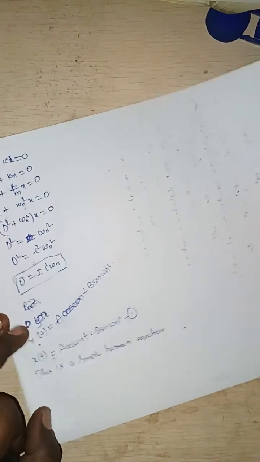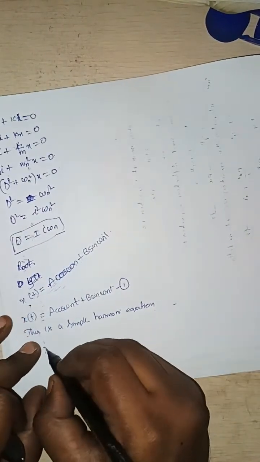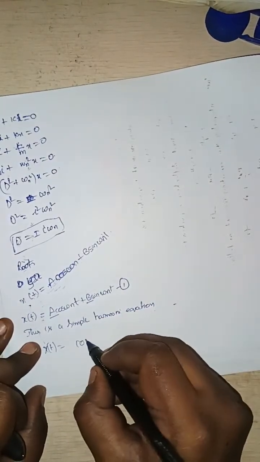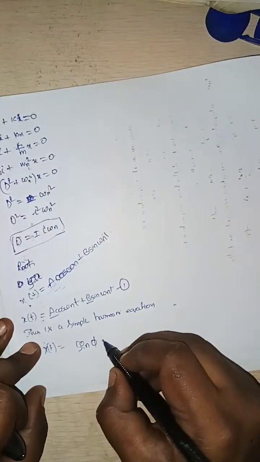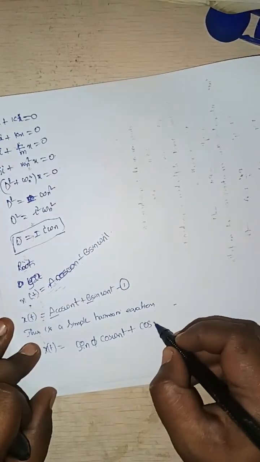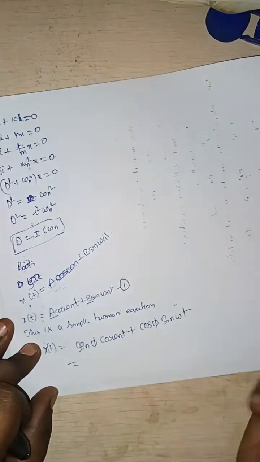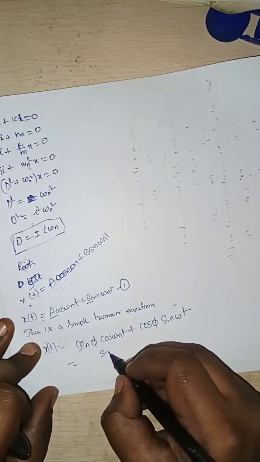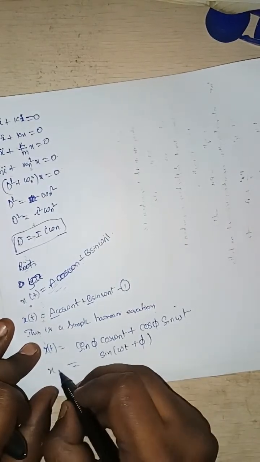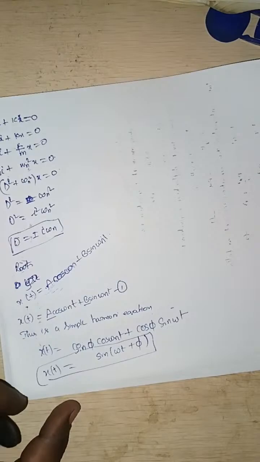In some cases, people write x of t as sin phi cos omega n t plus cos phi sin omega n t, and somehow they end up like this: sin of omega t plus phi. That's all. This is the simple harmonic equation of a system.